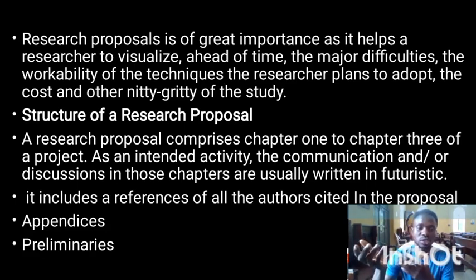It is futuristic. It includes a reference list of all the authors cited in the proposal, and it also includes appendices and preliminary pages. So these are some of the things we do in a research proposal, and this is where we are coming to the end of this lesson.